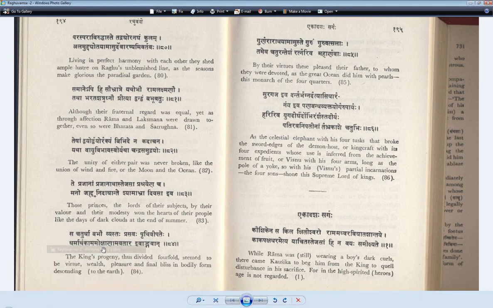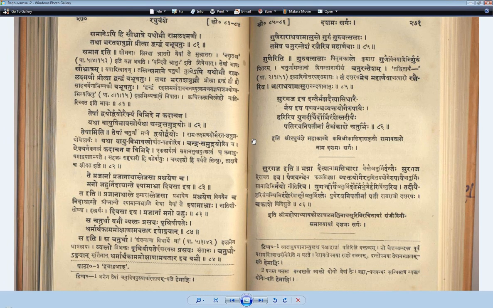Just do the pronunciation. Samane hi saubhratre yatho bhau rama lakshmanau tatha bharata shatrugnau pritya dvandvam babhuvatuhu. One more time. Again, the first step is to pronounce clearly. And if you don't know any vyakaranam, it doesn't matter. Take it letter by letter.